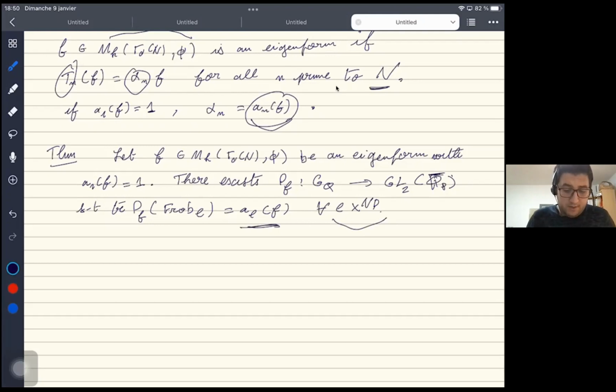So more or less, this Galois representation will recover almost all the Fourier coefficients of f.